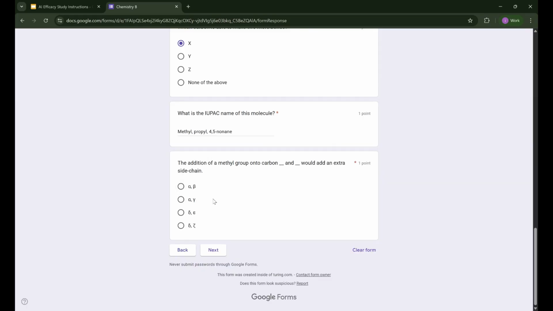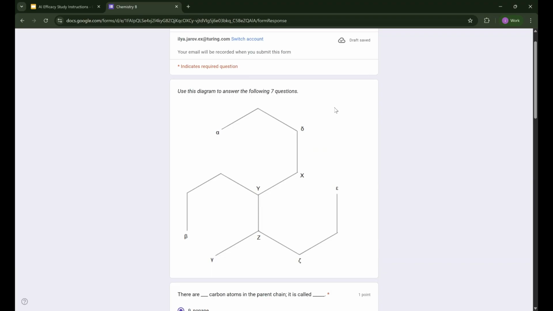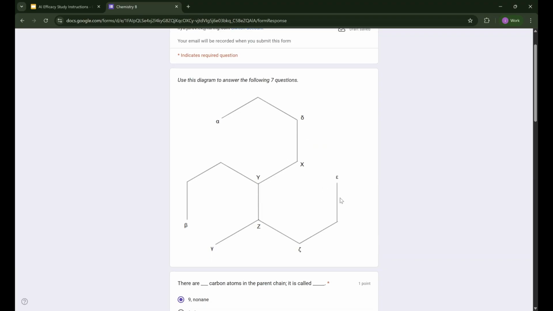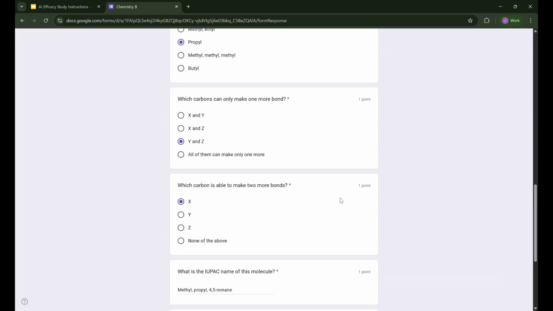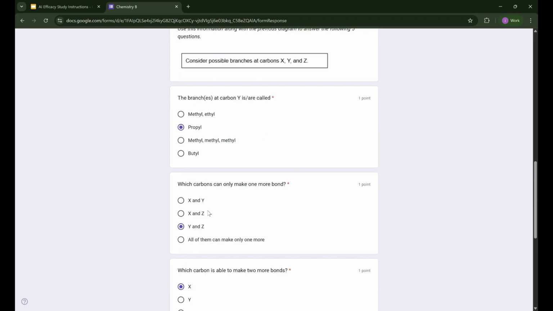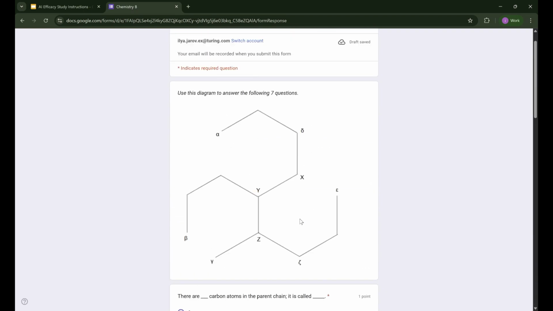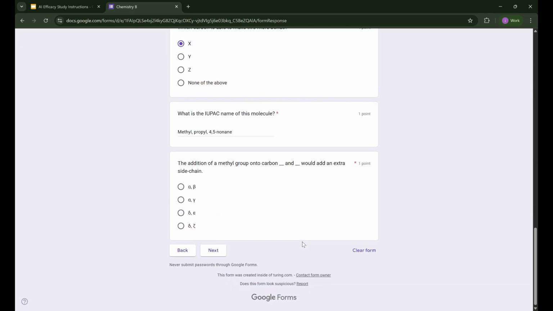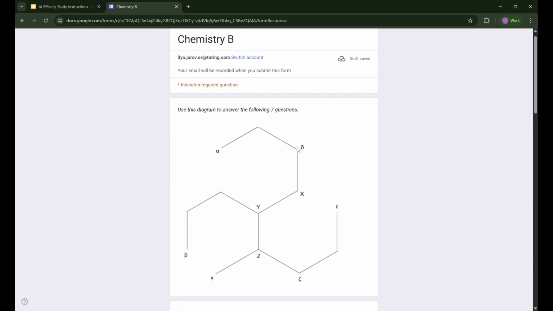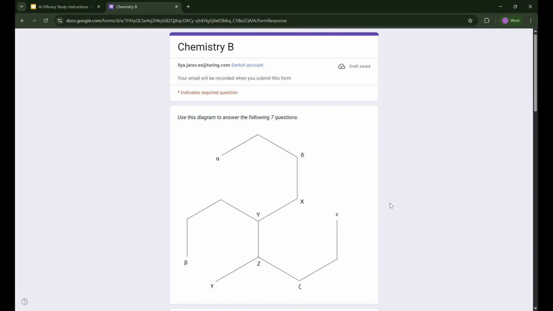So I think that excludes these first two. This one or epsilon. That'd be this one. It could be this one. I don't know if it can be epsilon either because it's just going to extend the parent chain. Yeah, let's go with this one. Okay.